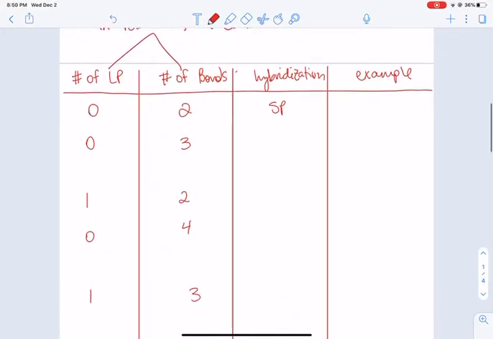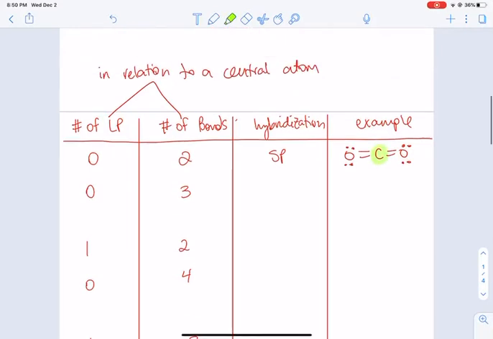So an example of this would be CO2, which has a Lewis structure that looks like this. So you'll see that on the central atom, this is always talking about in relation to a central atom, that there are 2 bonding regions. So I guess that really shouldn't be number of bonds. It should be bonding regions.